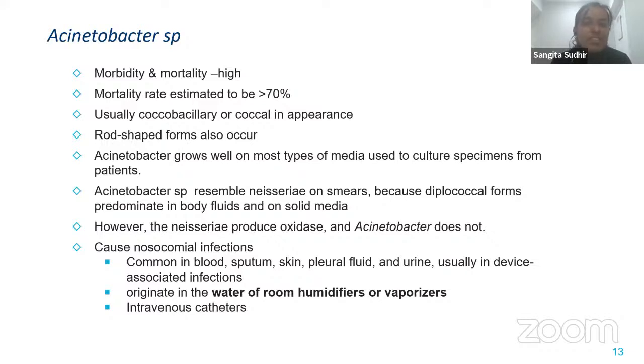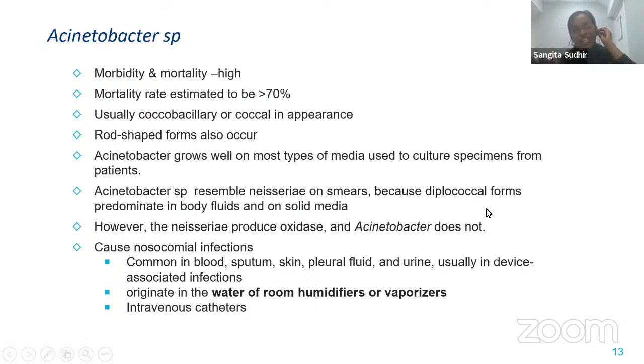They have a similar resemblance to Neisseria in cultures, but we differentiate them based on the oxidase test. Acinetobacter, unlike Pseudomonas, is oxidase negative, whereas Neisseria is oxidase positive, and Pseudomonas is also oxidase positive.